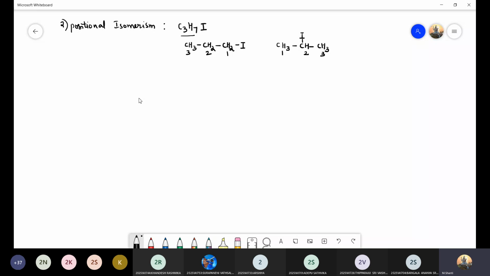I gave you the numbering also for the carbons. What is the position of iodine here? To which carbon is it attached? 1, ma'am. First carbon.